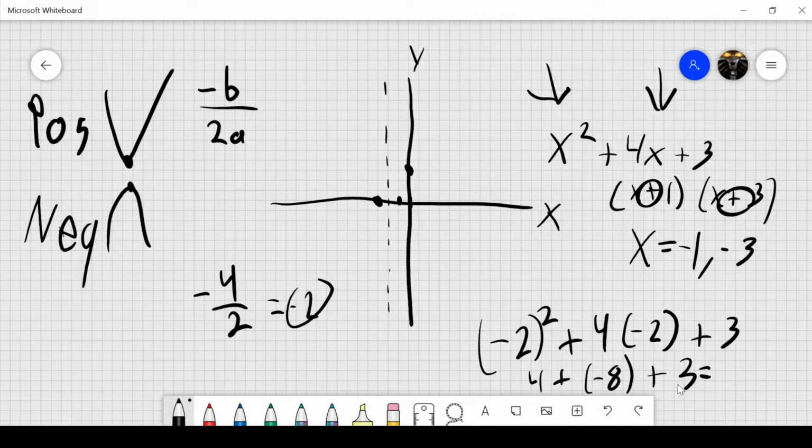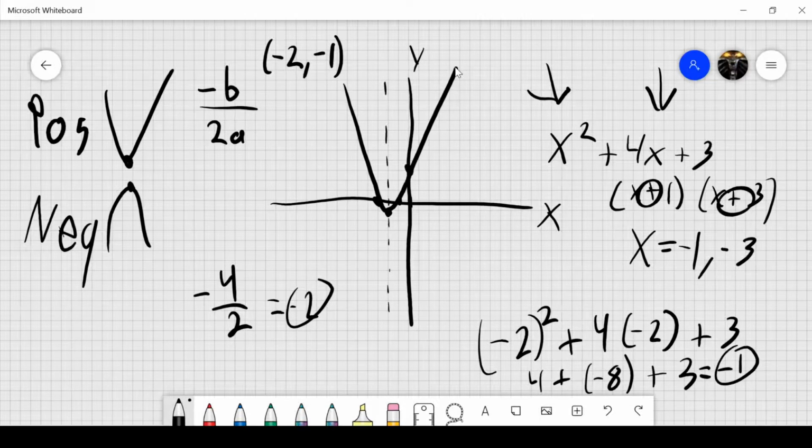And we get a total: 3 plus 4 is 7, plus -8 is -1. So -1. Our vertex, therefore, is at the point -2, -1. So we put it right here. Now we have our fully realized graph, and we can actually pull the equation out from this if we like.